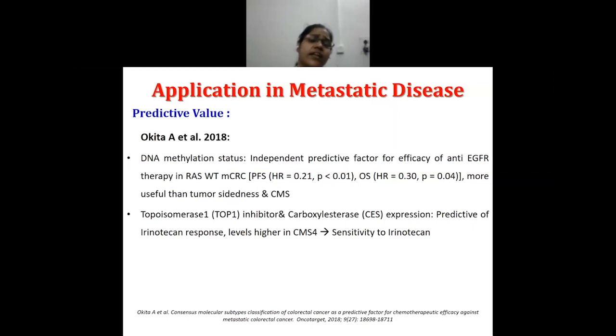They showed that DNA methylation status was an independent predictive factor for determining the efficacy of anti-EGFR therapy in RAS wild-type metastatic colorectal cancers, and this was in fact more useful than the tumor sidedness quoted by the previous meta-analysis as well as the CMS types. They also showed that topoisomerase 1 and carboxylesterase expression was predictive of irinotecan response, and their levels were higher with CMS4, which explains the sensitivity of CMS4 to irinotecan.